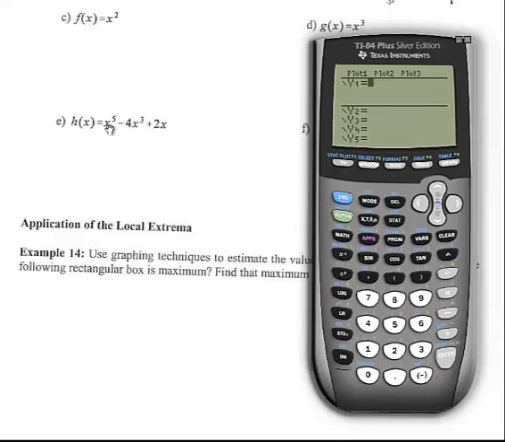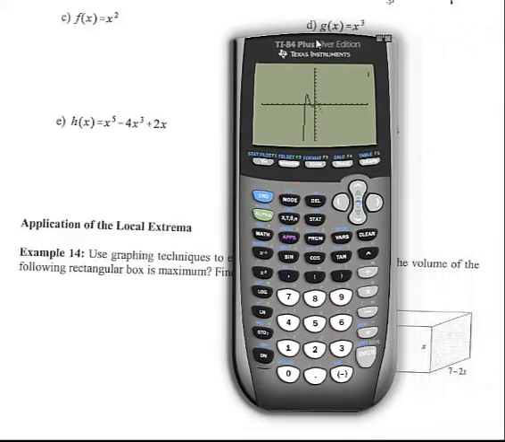It's either odd or it's neither. Okay, so I'll cut this one out.